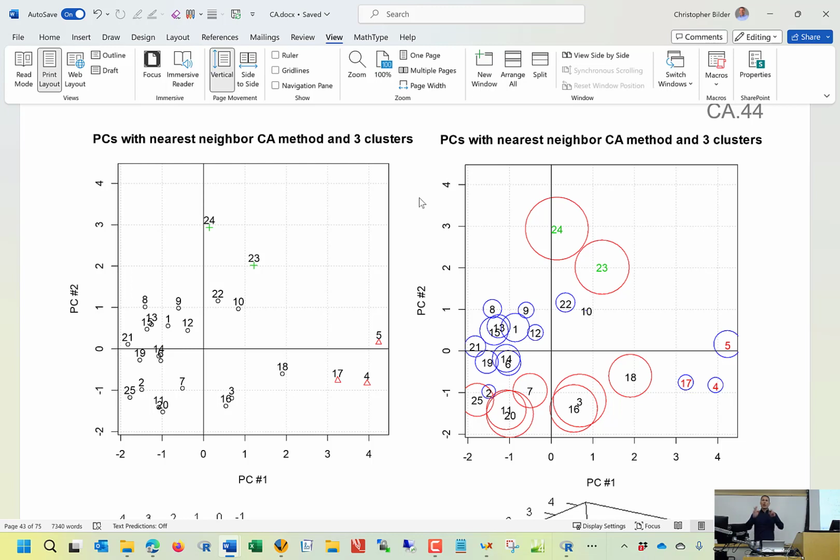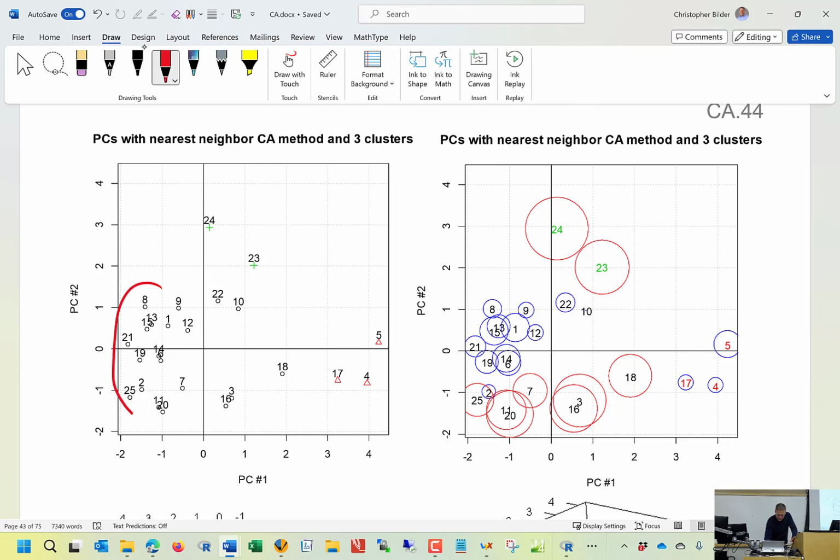What R calls cluster 1, based upon what hclust gives us, is going to be plotting character 1, which is just an open circle, if you remember that from the intro to our notes. For what R calls cluster number 2, the plotting character is going to be number 2, which R refers to as a triangle. And so we can see here are the clusters.